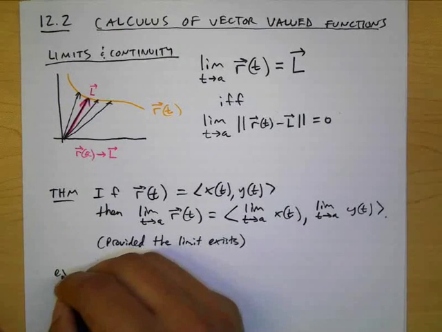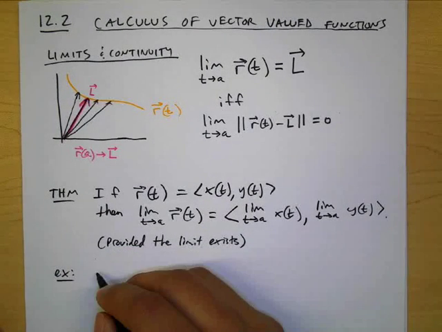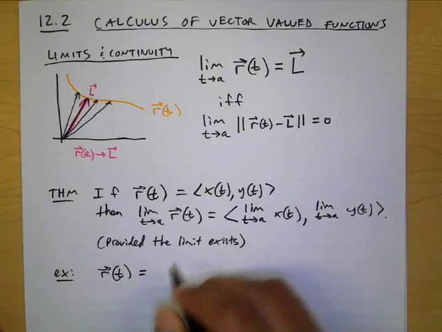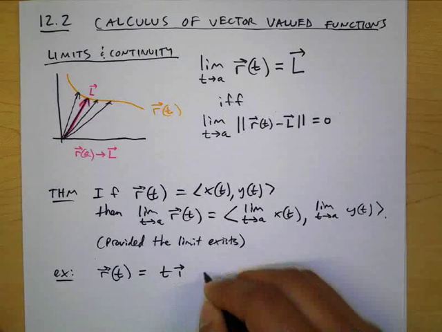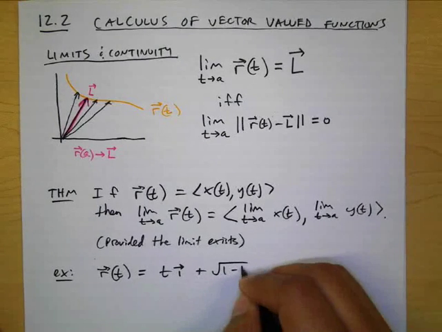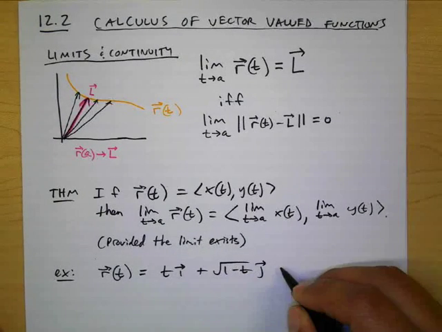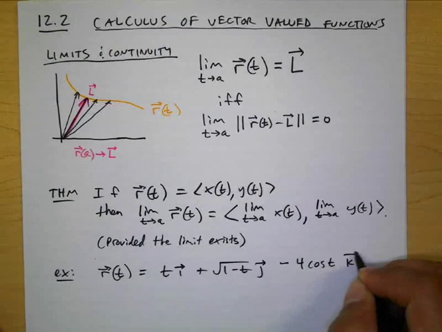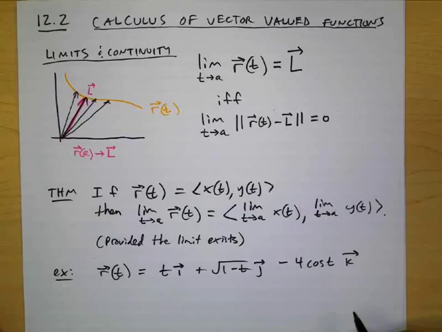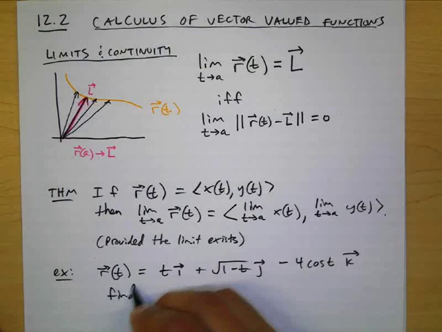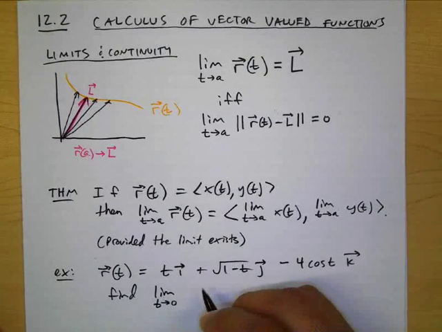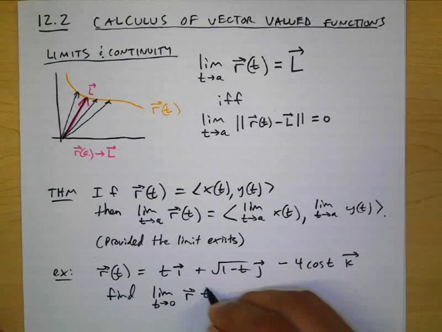So for example, if we had r of t equals t i plus the square root of 1 minus t times j minus 4 times cosine t k, we wanted to find the limit as t approaches 0 of r of t.